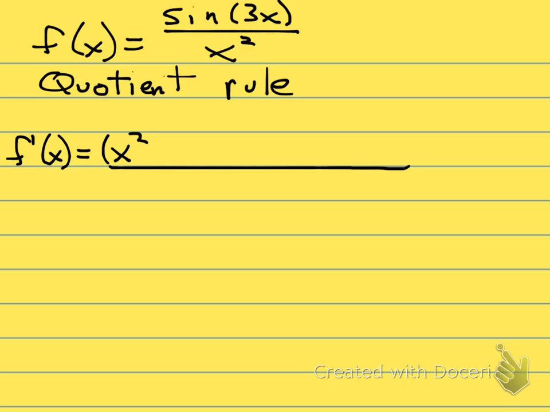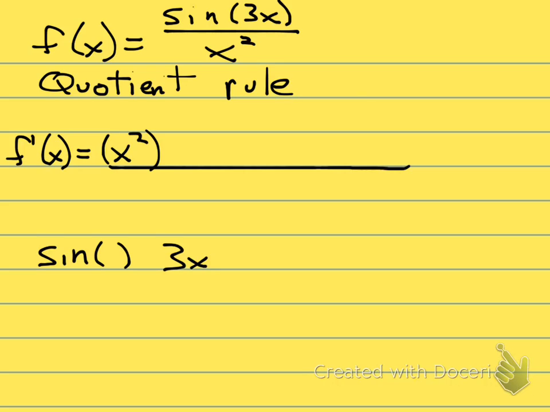The derivative of sine of 3x, remember, can be written as the sine, and then 3x. So low d high is going to be the chain rule for this.